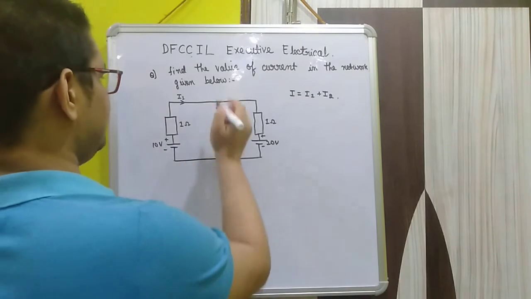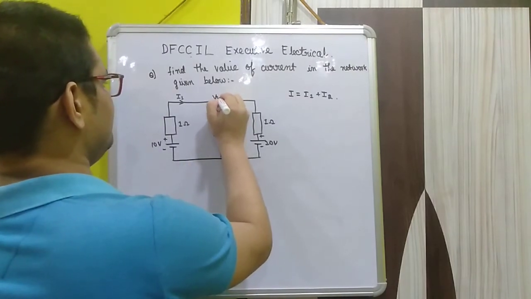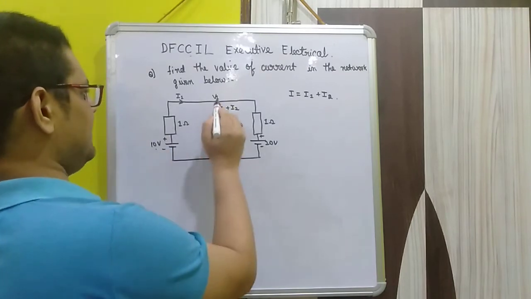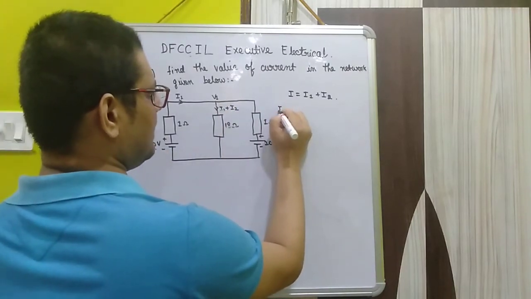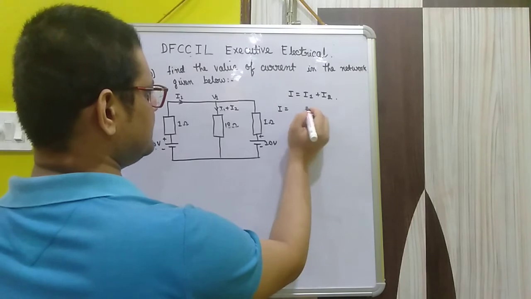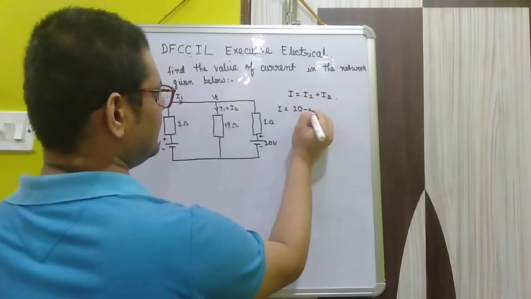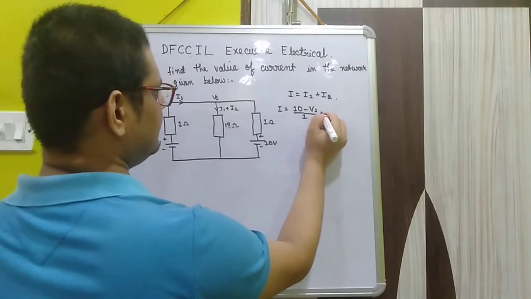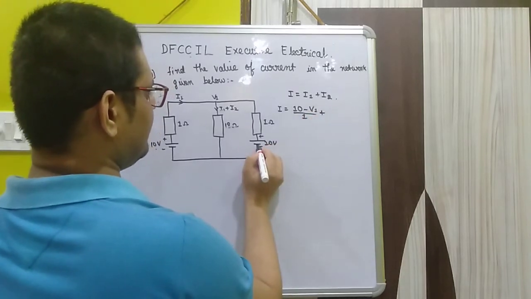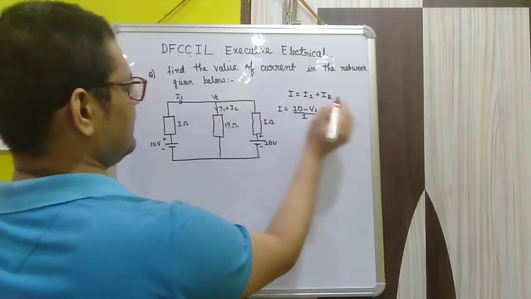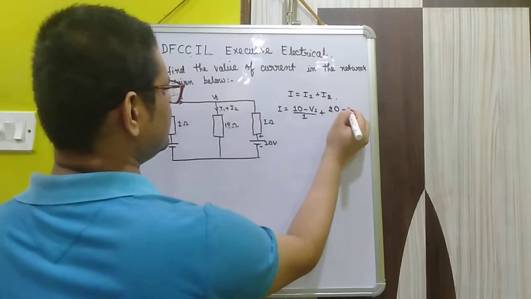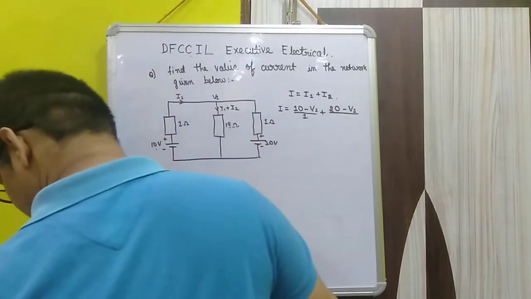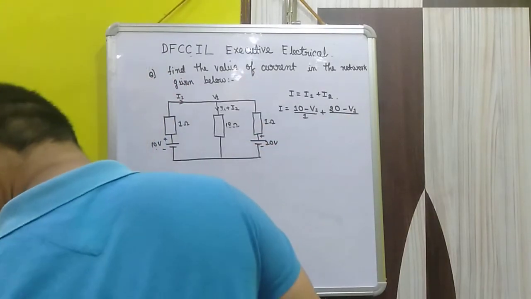Here is V1. So we apply the KCL: I is equal to 10 minus V1 by 1, plus, here also the current going over here is 20 minus V1, divided by... I think it is a 1 ohm or 2 ohm resistance.